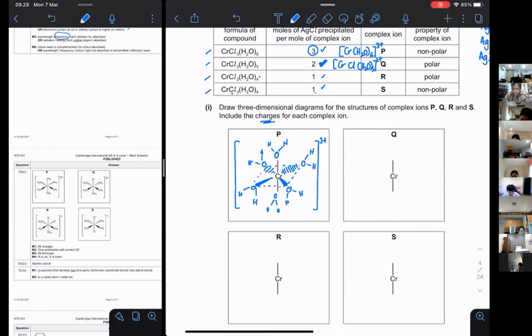You decide which area you want to put them. For example, if I'm drawing, normally I will draw like this. I know that there are 5 H2O, so maybe I put the 4 H2O first here.